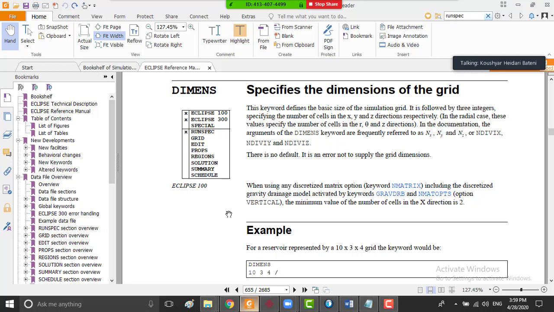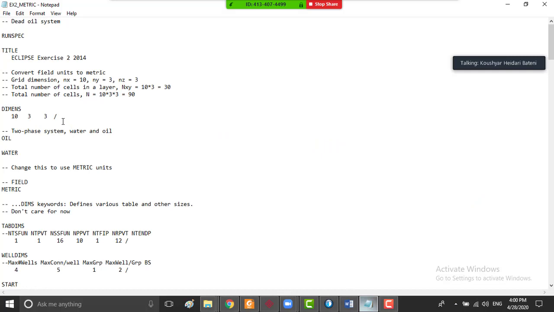Now, what does this keyword do? It specifies the dimensions of the grid. If you remember, when we worked with FloViz and saw the result of the simulation of this code, we saw that this reservoir had 10 blocks in the x direction, 3 blocks in the y direction, and 3 blocks in the z direction. And why was that? That was a result of this little code that we've written here.